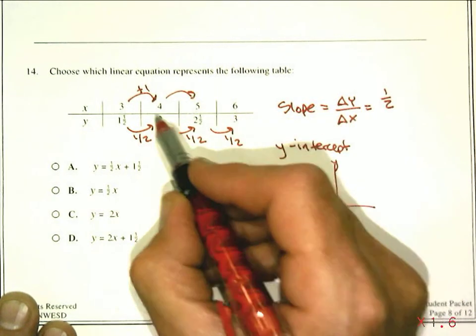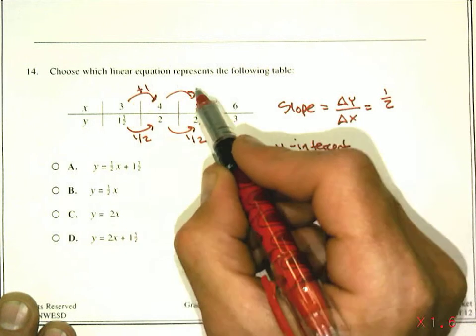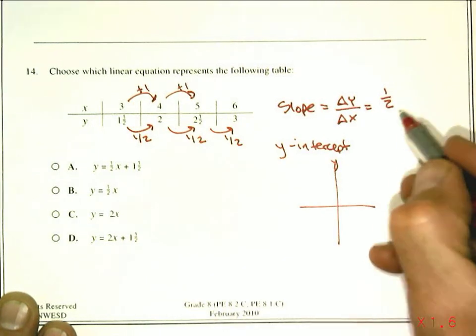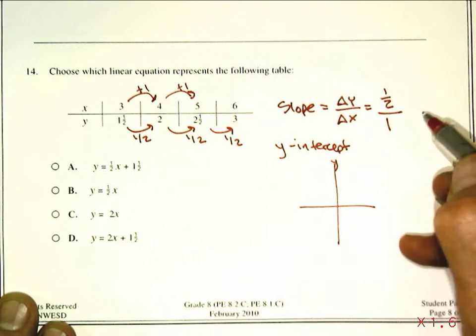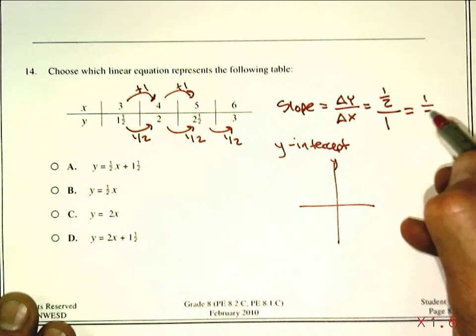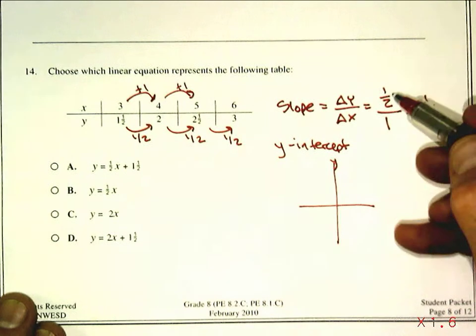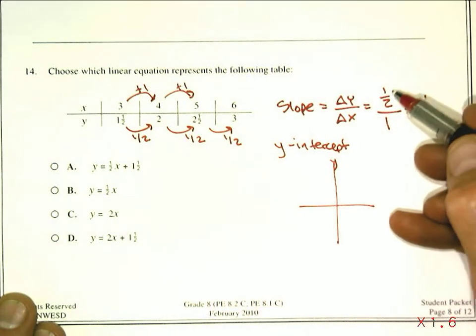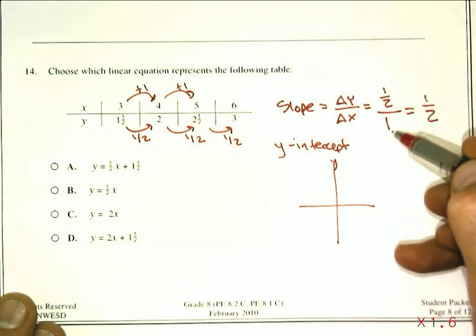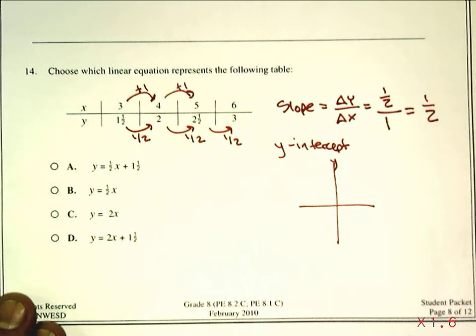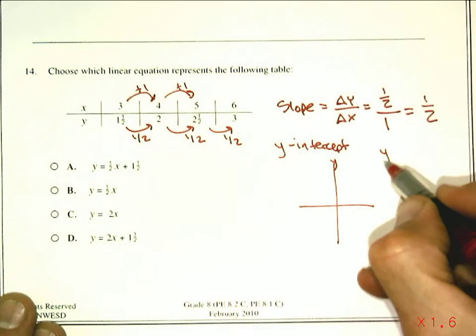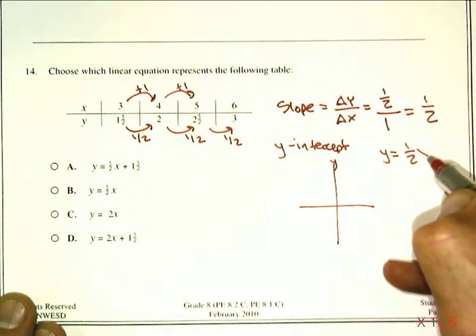Each time the x goes up from 3 to 4, 4 to 5. So my change in y over the change in x is 1/2 over 1, or just 1/2. 1/2 divided by 1 is 1/2, or if this was 0.5 divided by 1, it would still be 0.5. So my slope is 1/2, and I know that my equation is at least y equals 1/2 x.